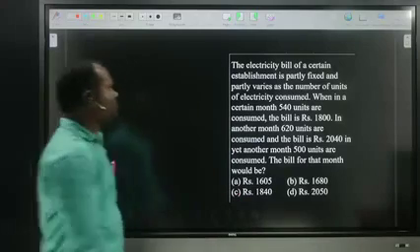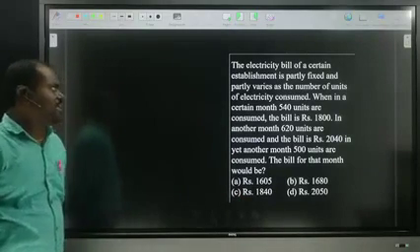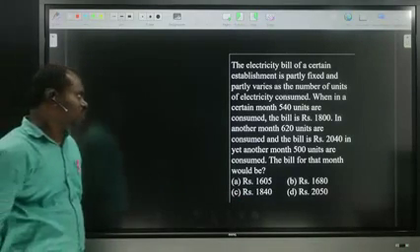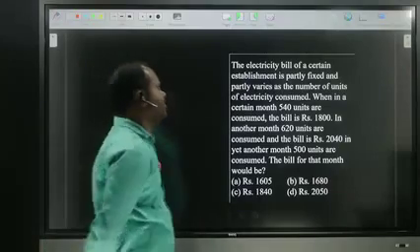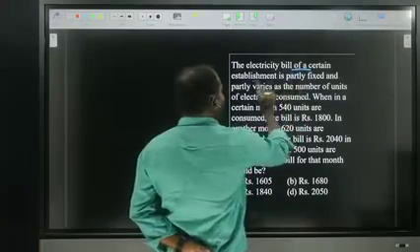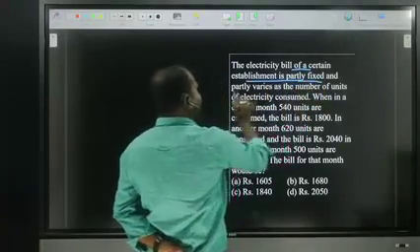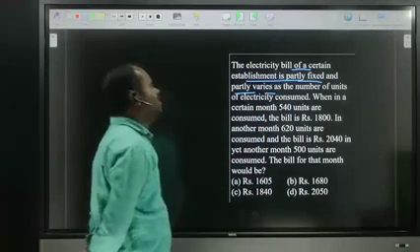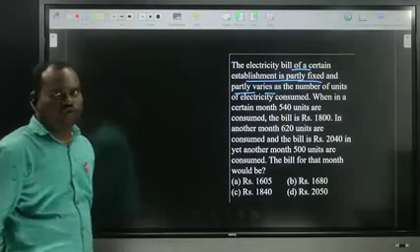Now, the electricity bill of a certain establishment is partly fixed and partly varies with the number of units of electricity consumed.